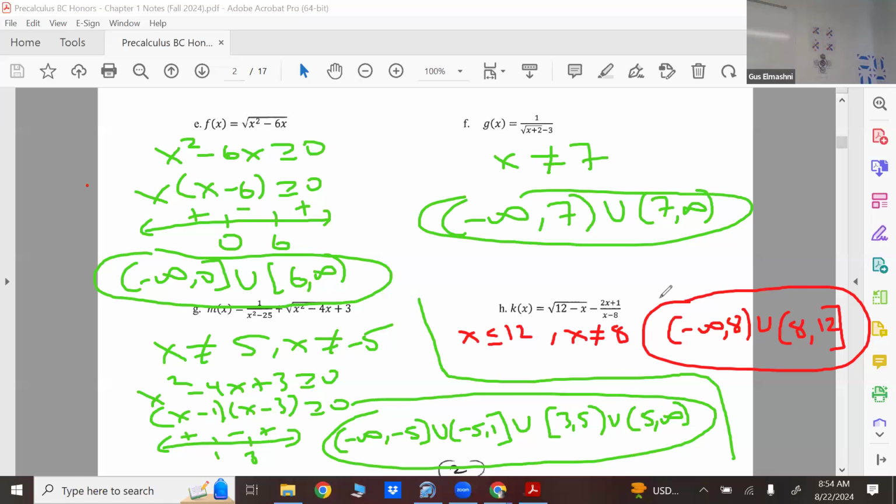After you factor it, what you do is see what makes each of these zero. And then you test each interval out. You want a positive interval. I'm going to talk more about that.